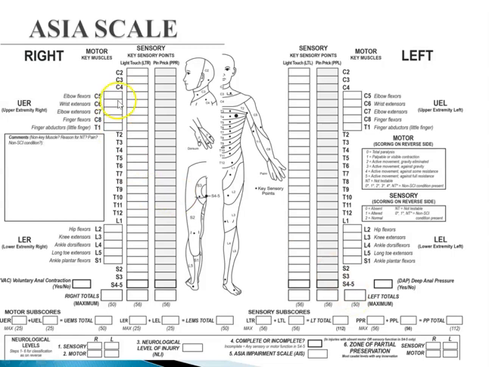Now we move on to the next section, the sensory assessment. Sensory assessment is done by light touch and pinprick. Light touch and pinprick can be assessed at the various dermatomal levels: C2, C3, C4, C5, C6, C7, C8, T1, T2, T3, T4, T5, T6, T7, T8, T9, T10, T11, T12, L1, L2, L3, L4, L5, S1, S2, S3, S4, S5.